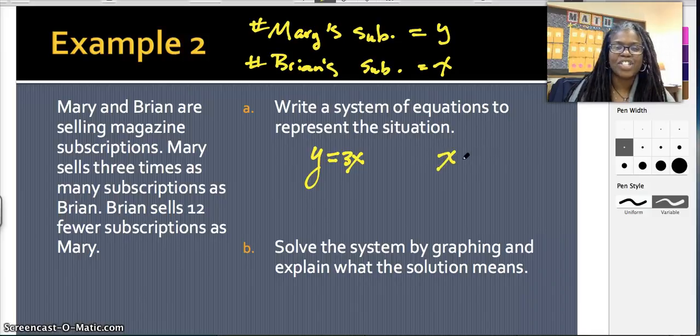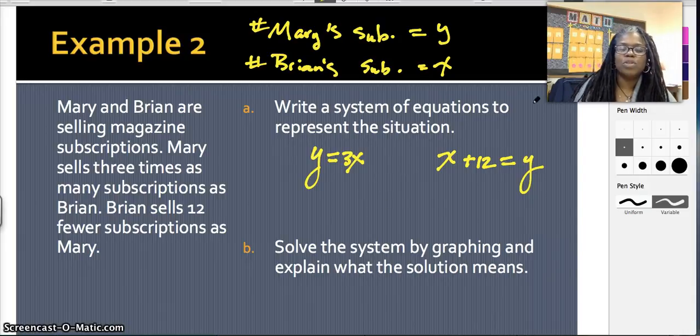The temptation is to do X minus 12 equals Y, but if he sells fewer, to make them equal you'd need to add 12. Does that make sense? X plus 12 is equal to Y, right? Because fewer, got me?